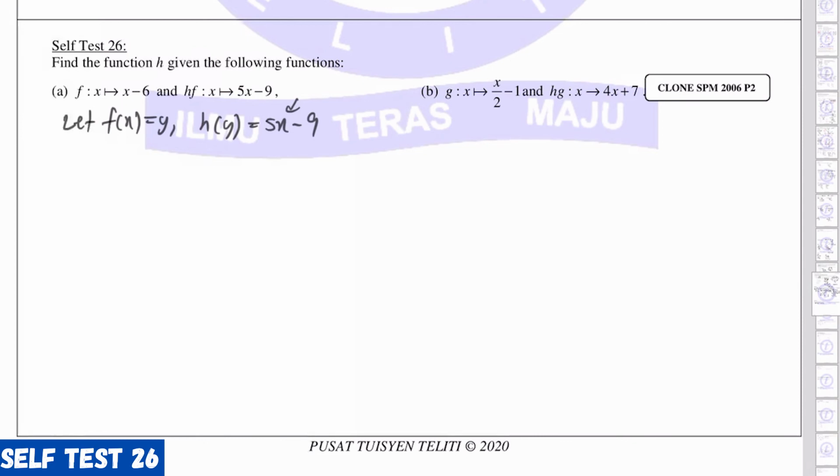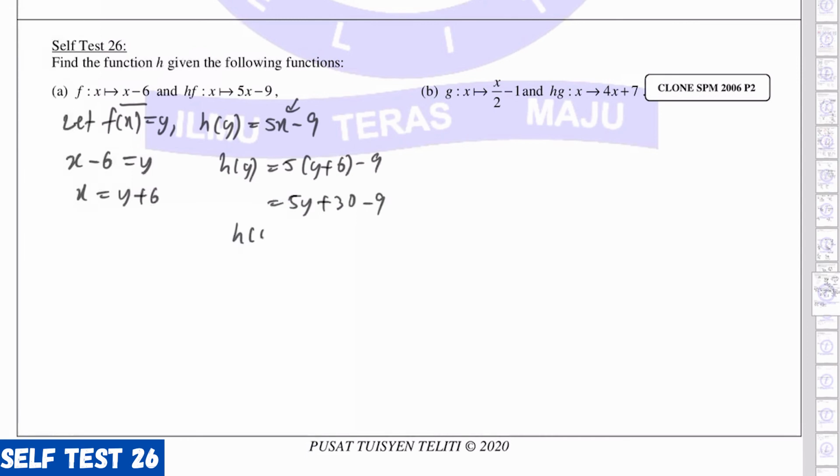So go back to your function here. f(x) is x minus 6, and x minus 6 is now y. x is now y plus 6. By replacing your x with y plus 6, we can expand and simplify this. Your h(y) is 5y plus 21. Therefore, h(x) is 5x plus 21.